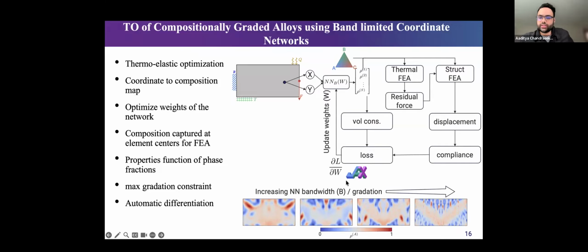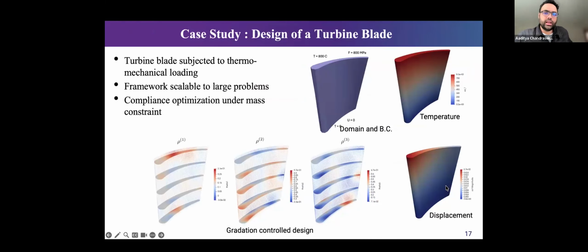Once again, we use things like JAX to express this whole computation in an end-to-end differentiable framework. The whole idea of automatic differentiation is picking up steam right now. In fact, I know Lawrence also has his own MFEM or something for graded design, and that's something we really focused on in this work as well.